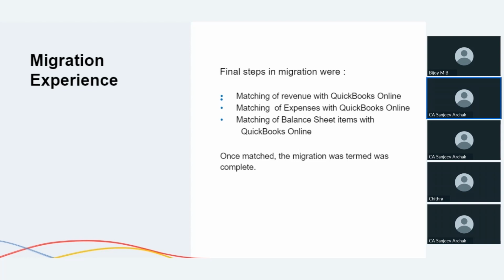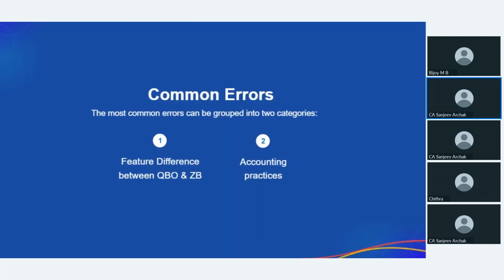So right now, the most important thing to understand when you are migrating as a professional is what sort of errors we would be getting during the process of migration. The common error types can be grouped into 2 different buckets. What are these 2 different buckets?